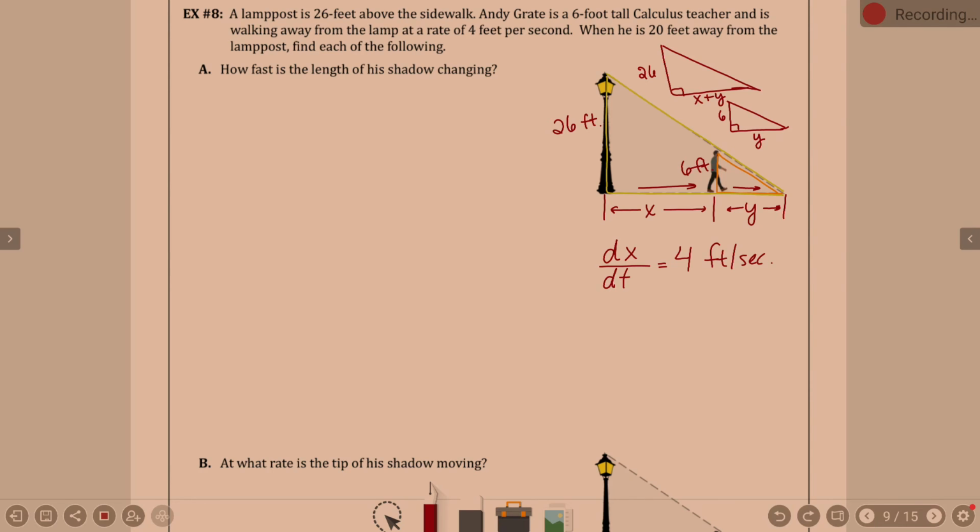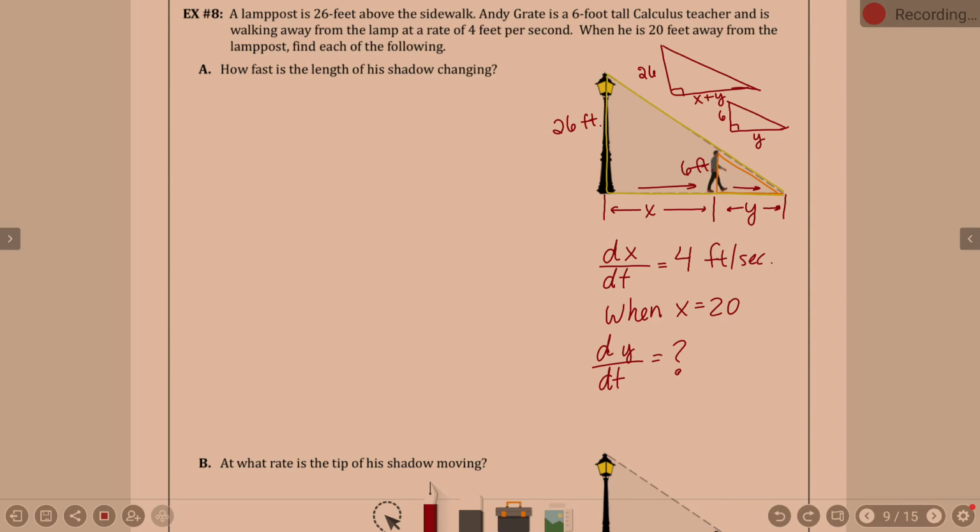And then it asks us when he is 20 feet from the lamppost. So that's when x is 20, right? When he is 20 feet from the lamppost, how fast is his shadow changing? So the length of his shadow is going to be represented by dy/dt.